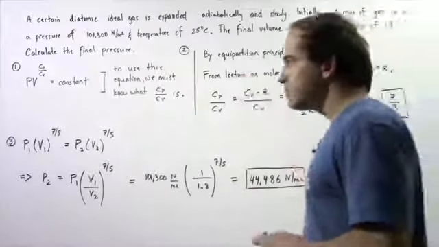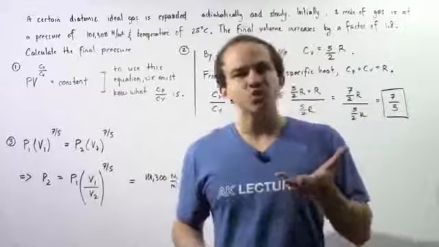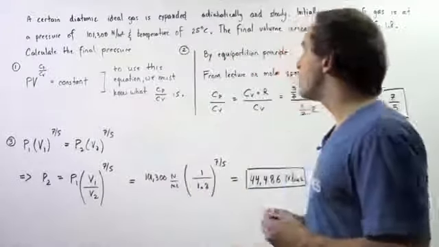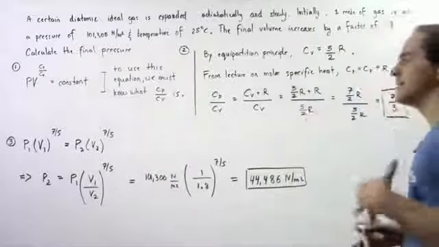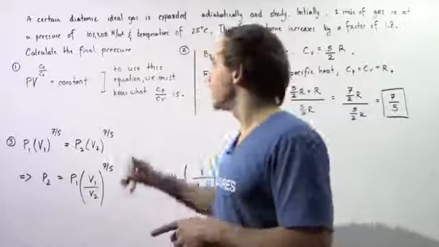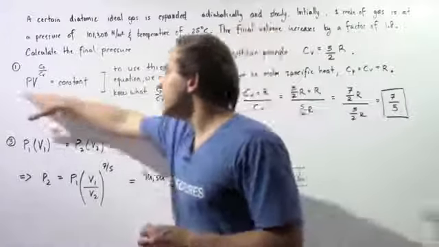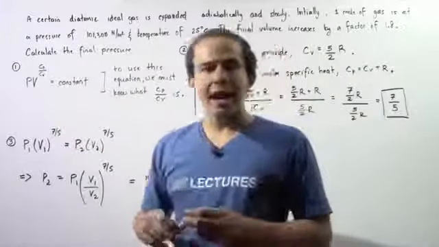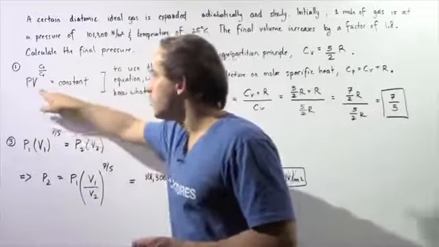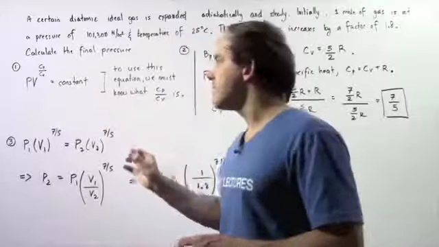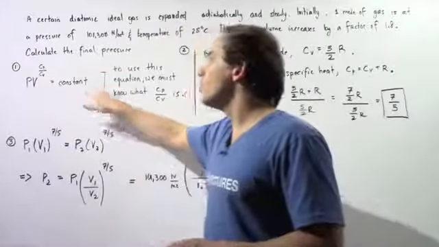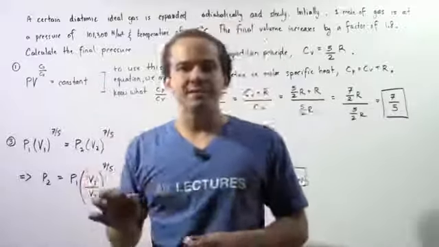So in step 1, we essentially have to realize what equation we have to use. Because we're dealing with a slow and adiabatic expansion of an ideal gas, and because we want to calculate the final pressure, we could use the following equation. The product of the pressure and the volume, where the volume is raised to the power of Cp divided by Cv, is always equal to the same constant.